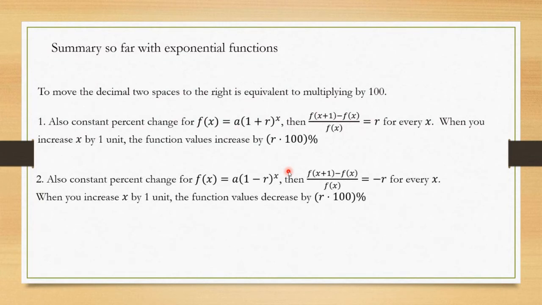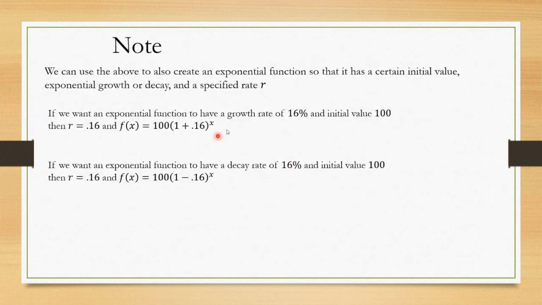This kind of function gives us a lot of nice implications. As you can see here, let's say you want to make an exponential function to have a growth rate of 16%, whose initial value is 100. So in other words, you want an exponential function to increase by 16%, whose initial value is 100.